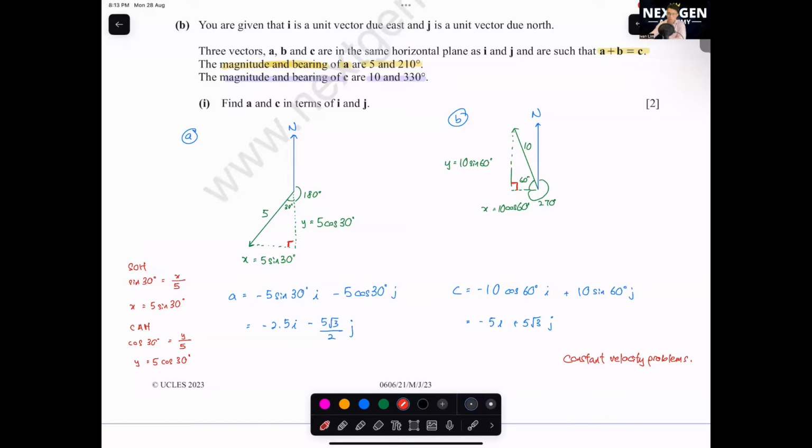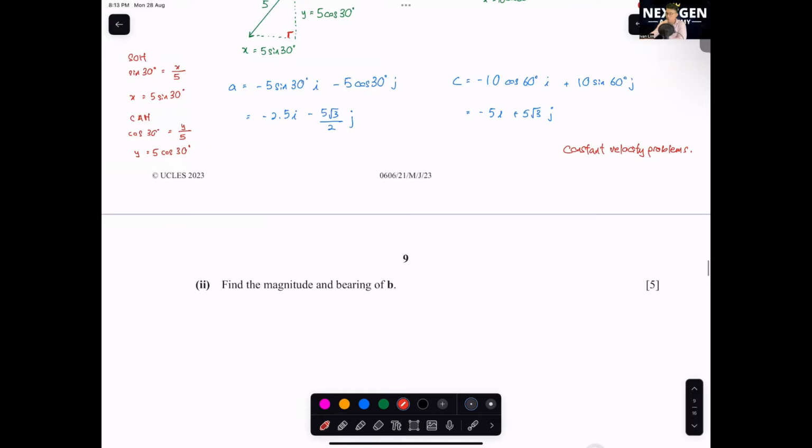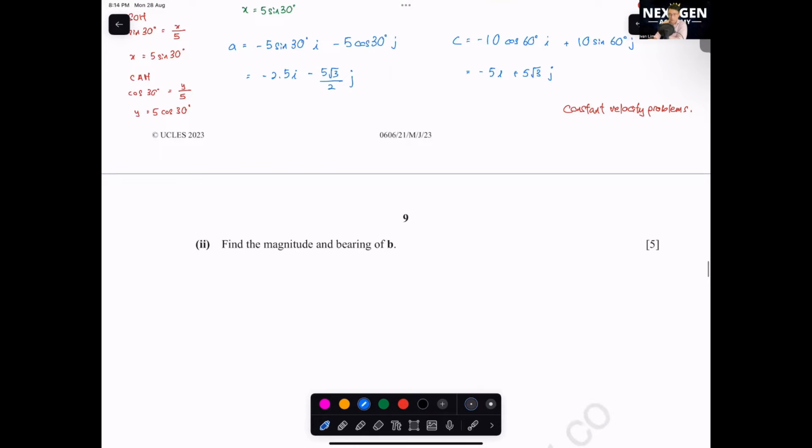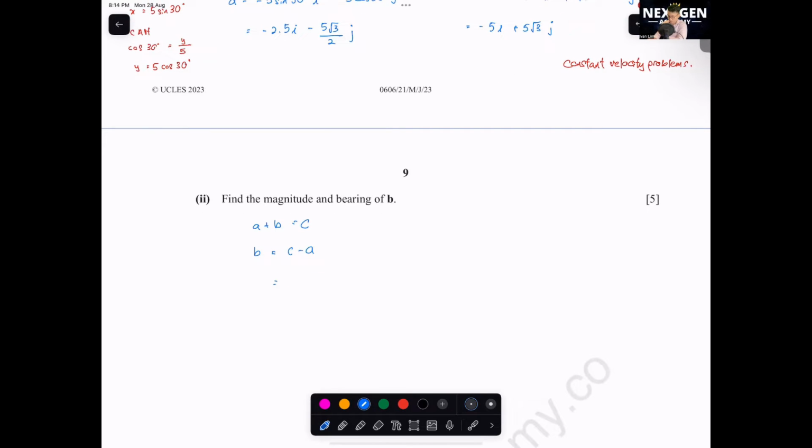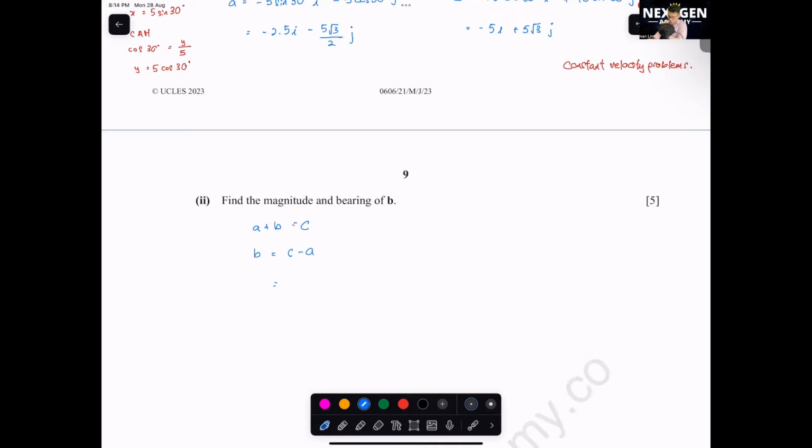All right, let's go to question 2. Find the magnitude and bearing of B. Just now they gave us an equation, right? A plus B equals C. We found what is our A, we found what is our C. So let's derive from the equation above. A plus B equals C, so B equals C minus A. So I take both the i minus each other: negative 5 plus 2.5 i plus 5√3 plus 5√3 over 2 j.